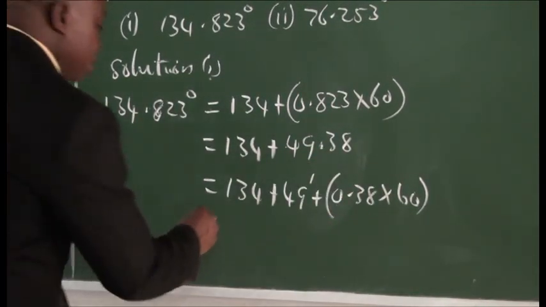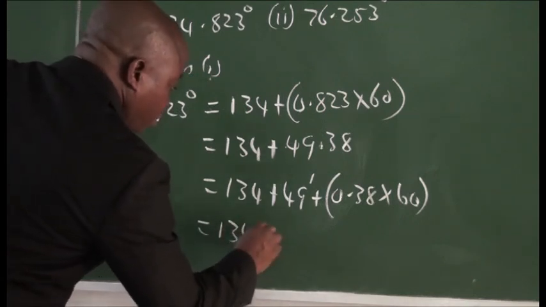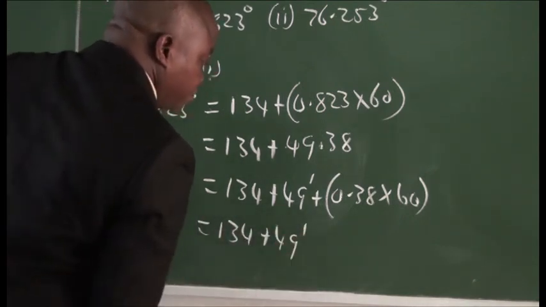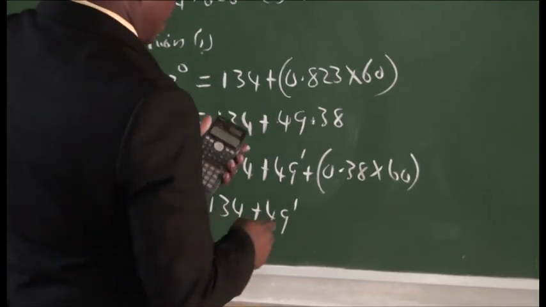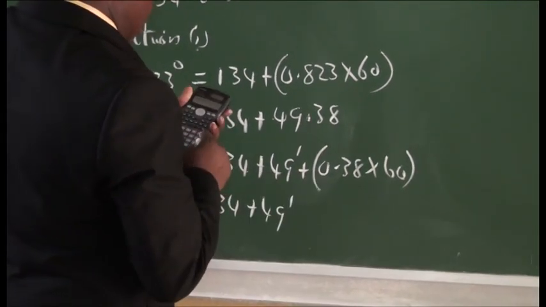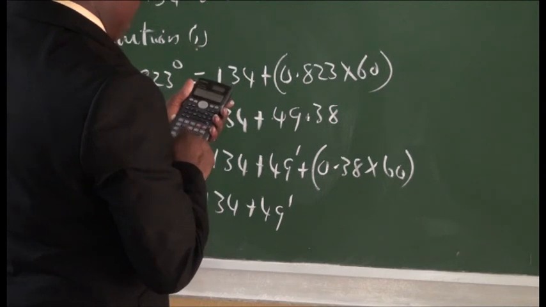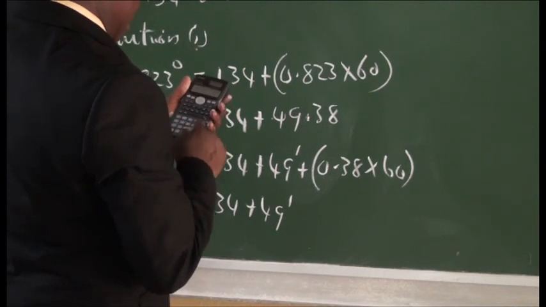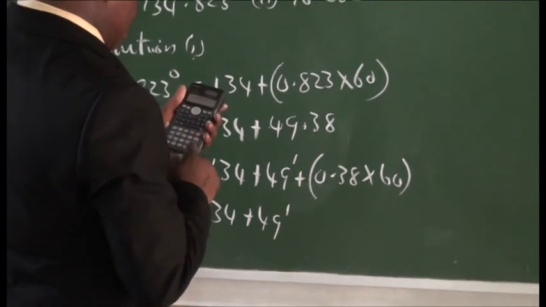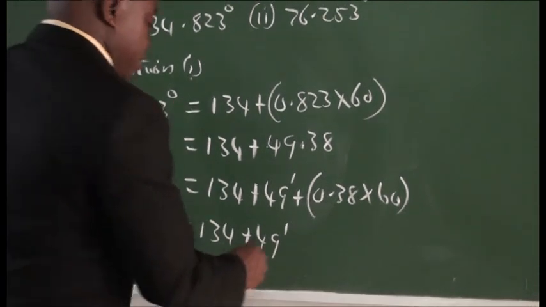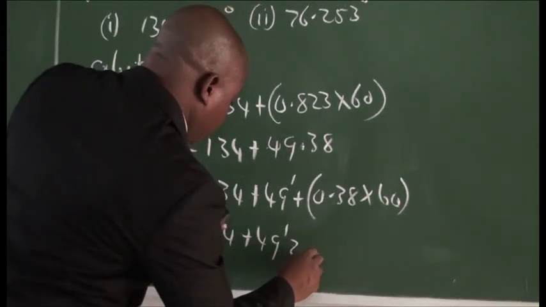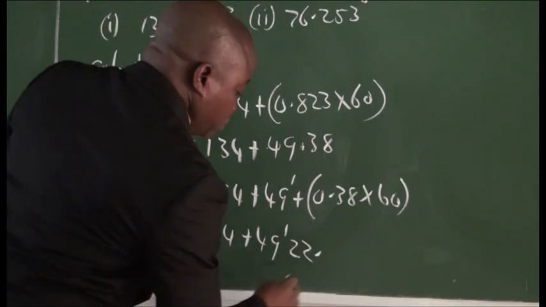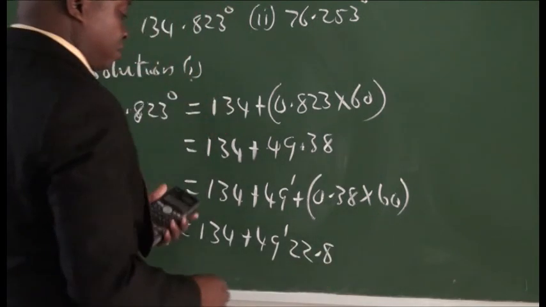If we do that, we'll have 134 plus 49 minutes. Then 0.38 times 60 gives 22.8.